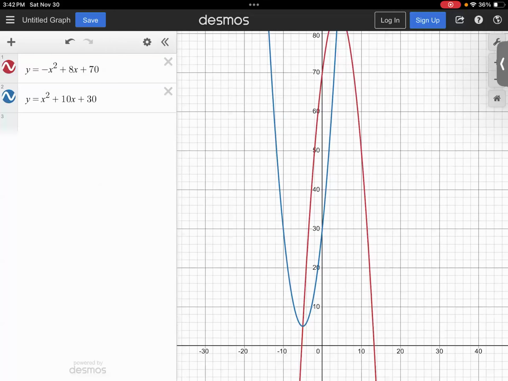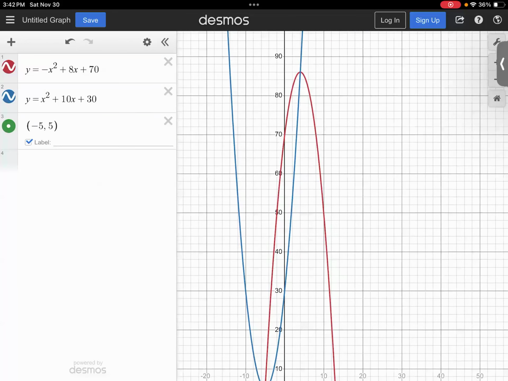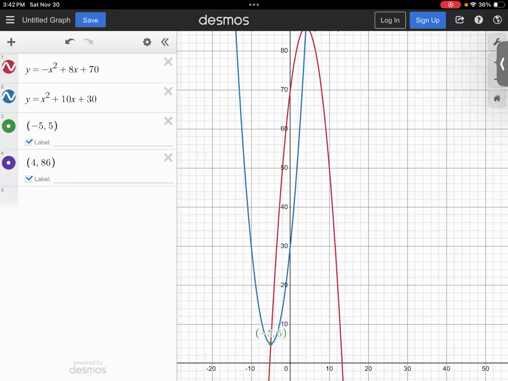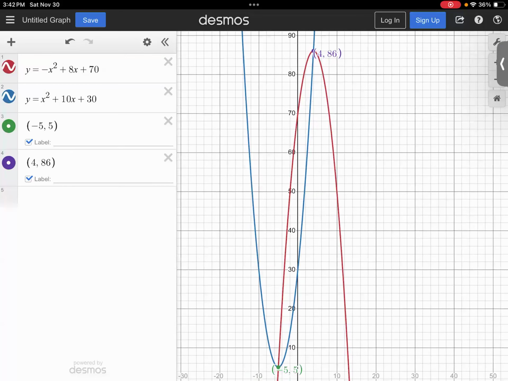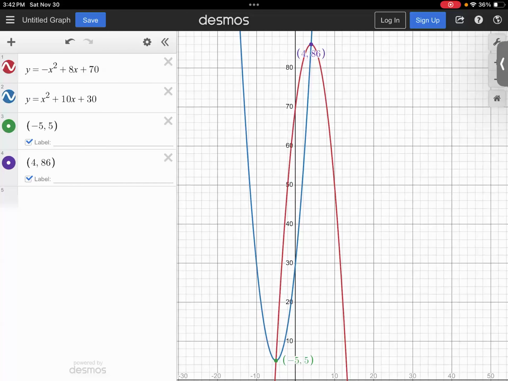It looks like we only have two intersections, at -5 and 4. So only one integral this time. The red is on top from -5 to 4, and red is -x squared plus 8x plus 70, which is our f of x. So f of x is our top function.